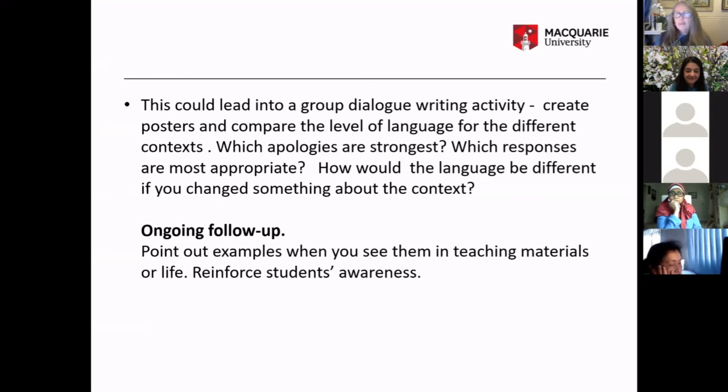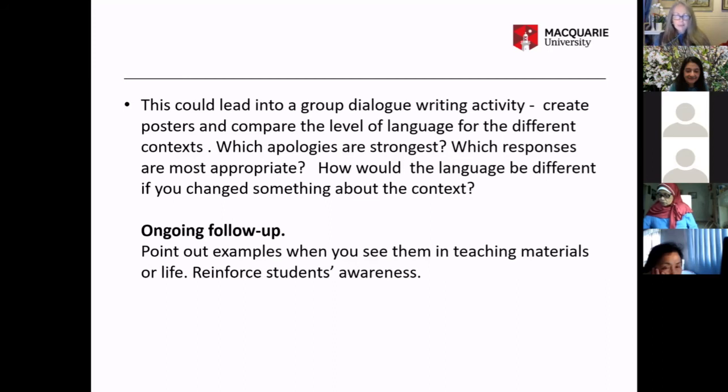Now, the important thing about this is that if you decide to teach explicitly like this, you also need to do an ongoing follow-up. And that means that whenever you see examples in the teaching materials or in life or in your classroom, you point them out to the students. Okay, you run in, you're late for class, you forgot something you were going to give them, you say sorry, and you remind them that that is what they learned and that you're saying sorry in this context and you're saying it in this particular way.